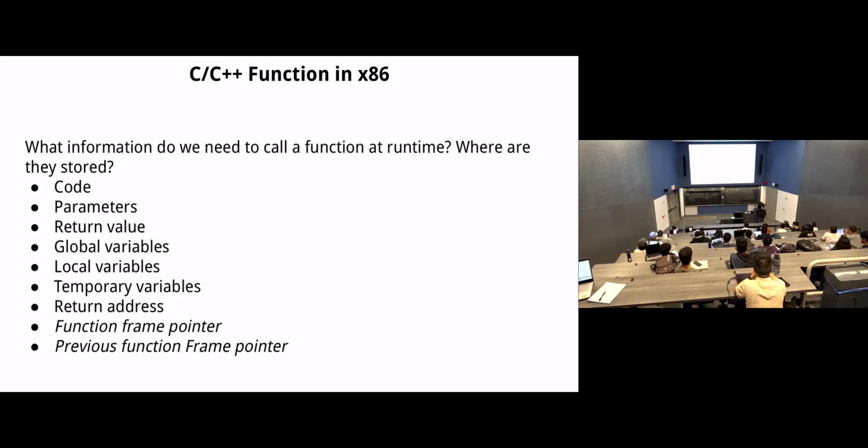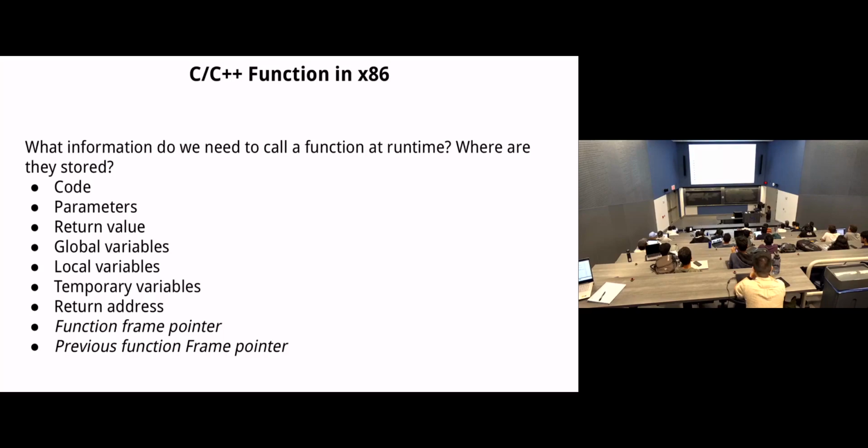That's what a C developer thinks about when calling a function. But how about a compiler developer? You're not a C developer, you're a compiler developer. Someone gave you the C source code. How do you eventually change that into binary machine code that can run? Those are the things you need to think about. First is the C function, which obviously has code, that's machine instructions. It has parameters and return values.